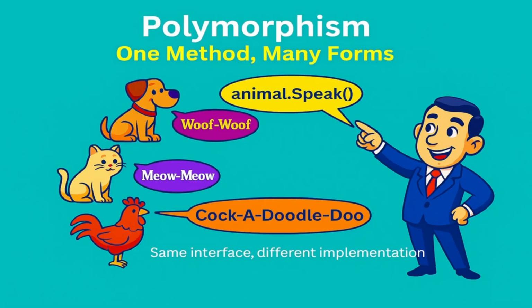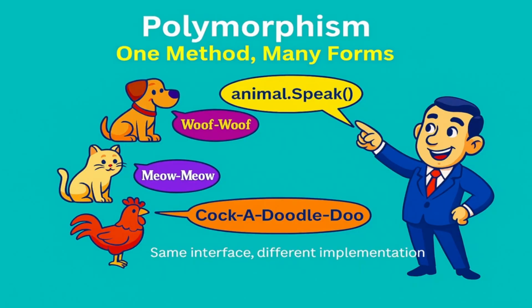Let's try to understand the concept of polymorphism with this image. The person on the right-hand side is calling a method, animal.speak. This represents a generic command, like asking any animal to speak. On the left-hand side, there are different animal objects.